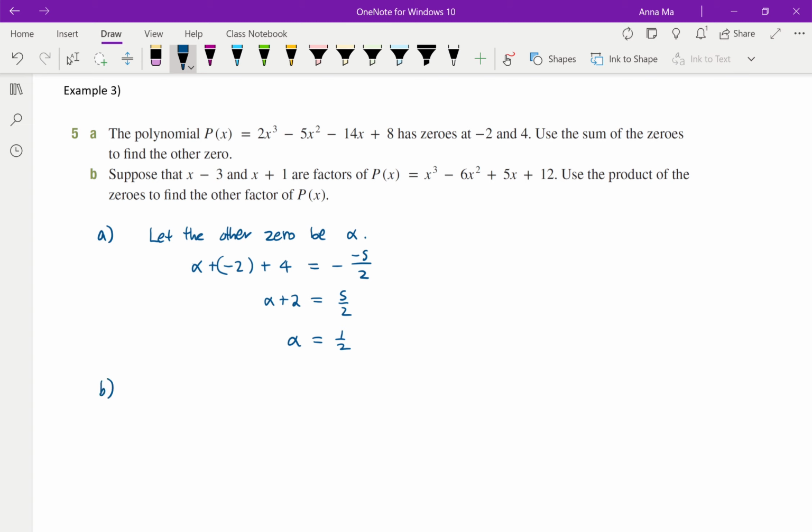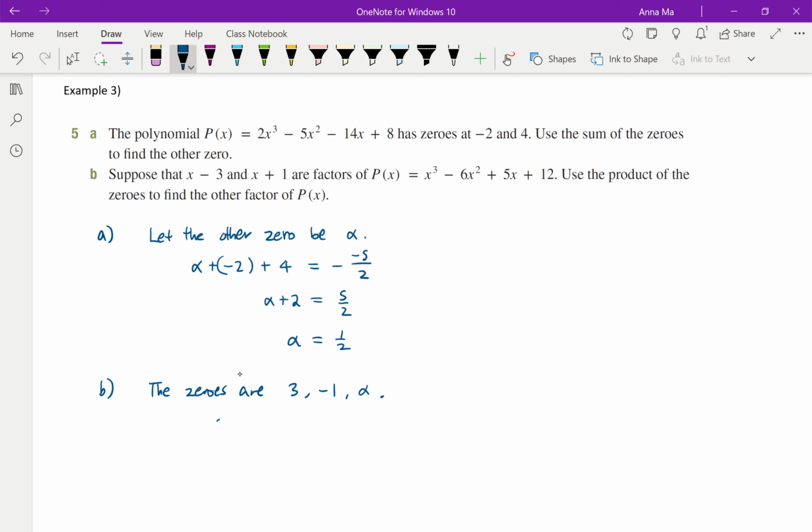Part B. Suppose that x minus 3 and x plus 1 are factors. Use the product of zeros to find the other factor of p of x. Well, given that x minus 3 and x plus 1 are the factors, I already know that the zeros are 3 and -1. And then let's call the third one that we don't know as alpha. Then the question tells us to use the product.